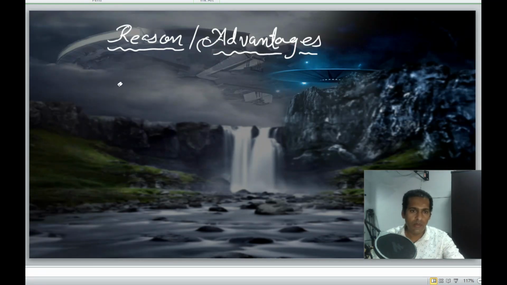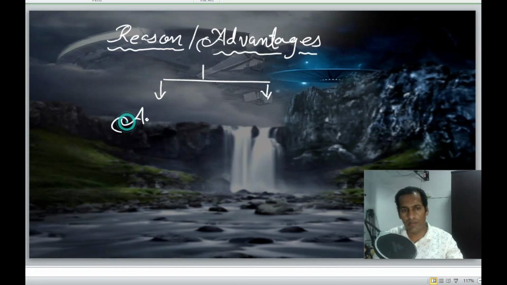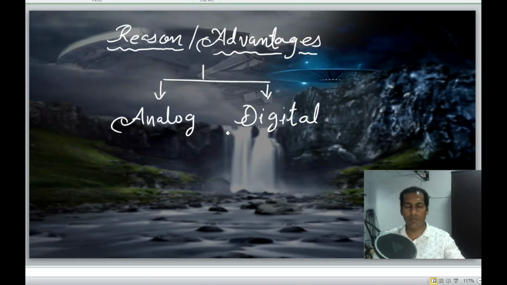First, we have two types of systems in nature. Natural signals are called analog signals. So natural signals are analog, and for our flexibility, our facility, our benefit, we make digital systems.